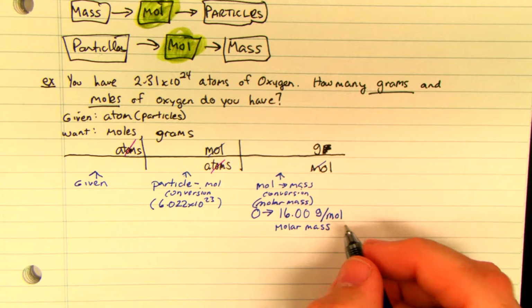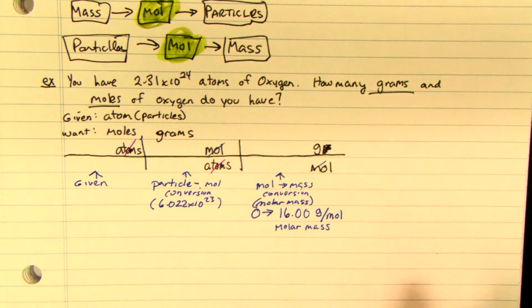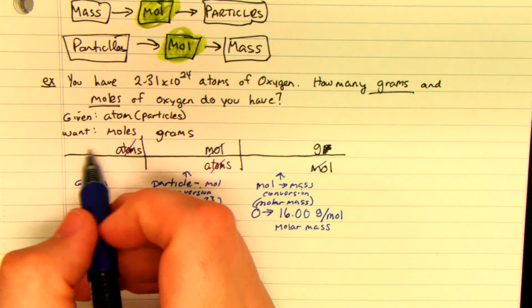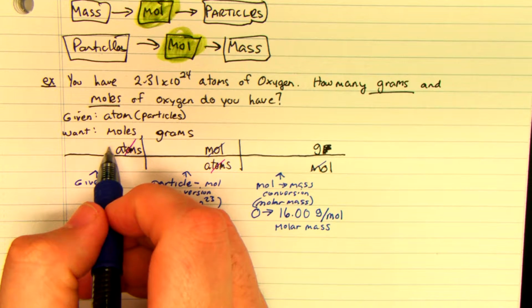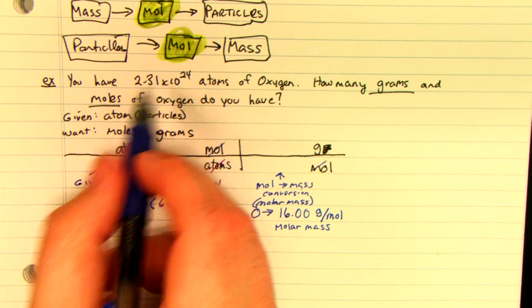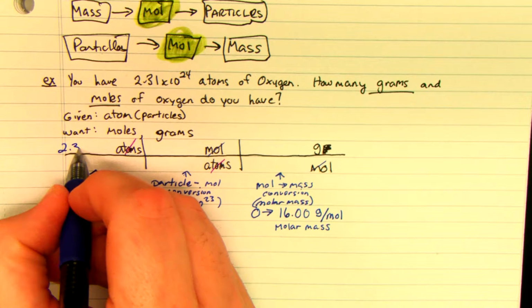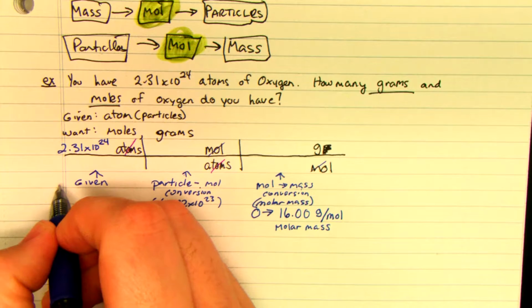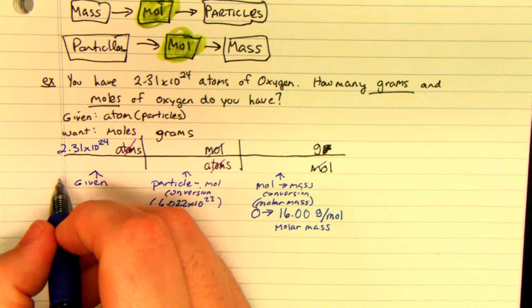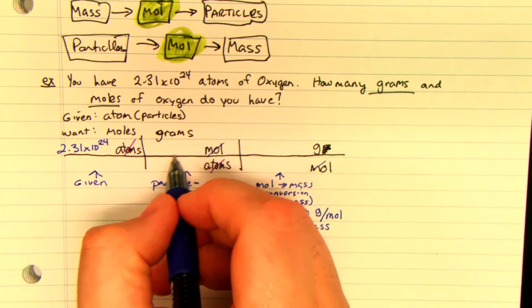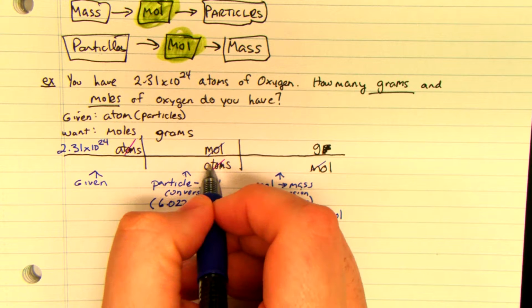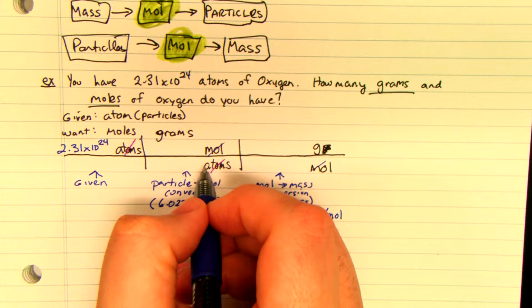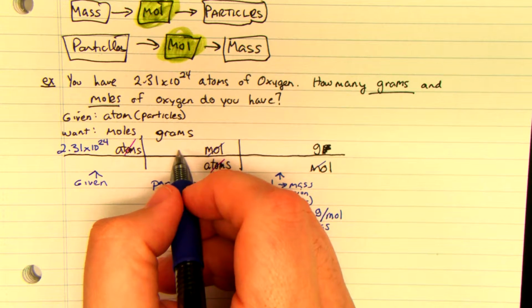And now we can go through and put in our numbers. What is the number of atoms that we were given? 2.31 times 10 to the 24th. Now, when we're converting moles to atoms, how many moles are there in the conversion factor?